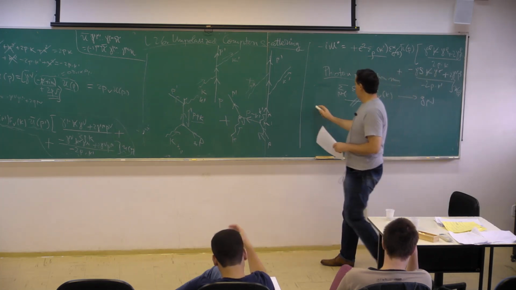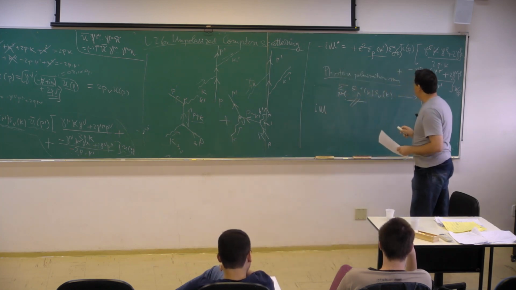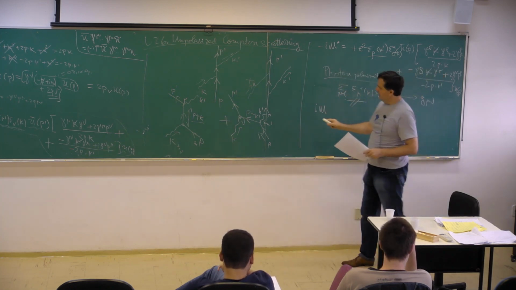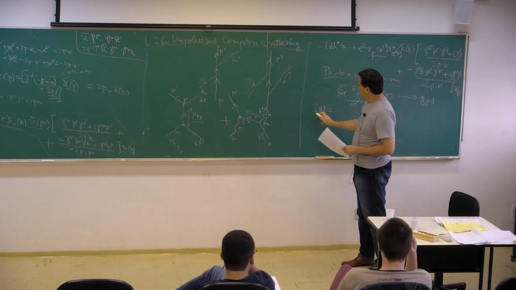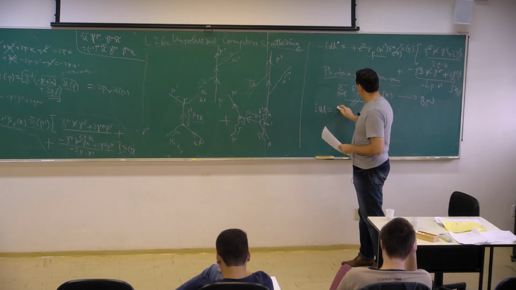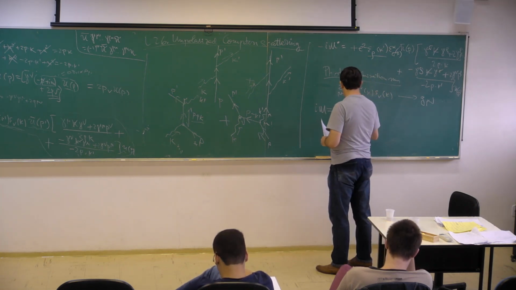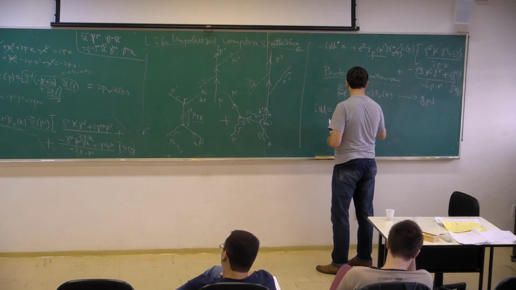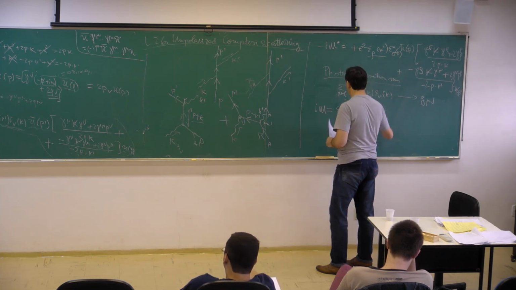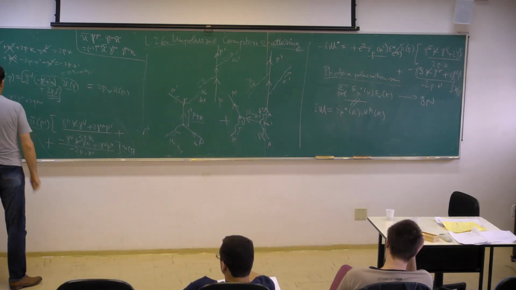So, however, specifically what that means is that I have to have in the amplitude an epsilon mu star of k, M mu of k, right? Like we have in here.